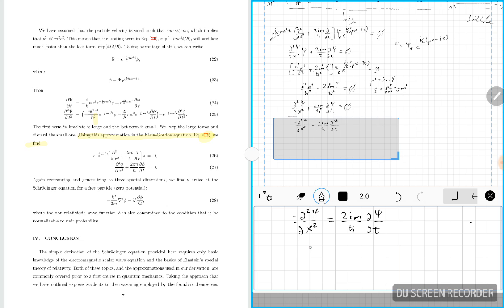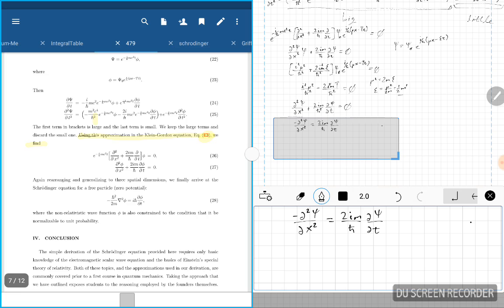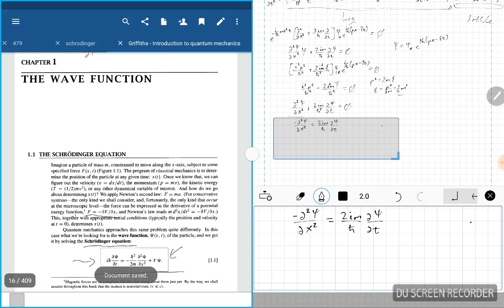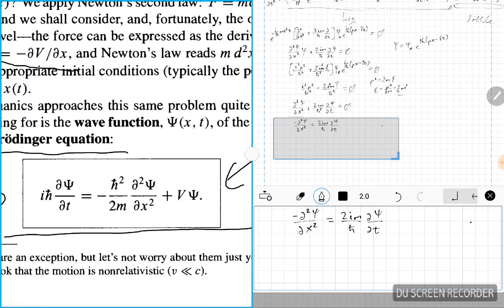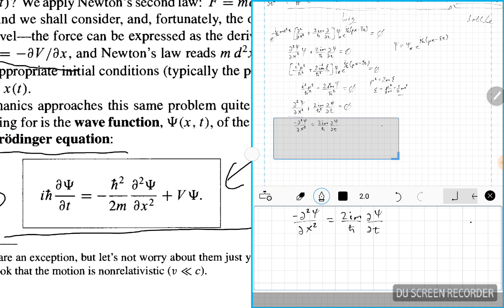And then we can just rearrange that a little bit to get the familiar form. Except you'll notice we do not have potential energy. So we don't have our potential energy in there.